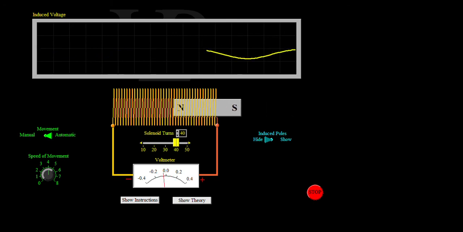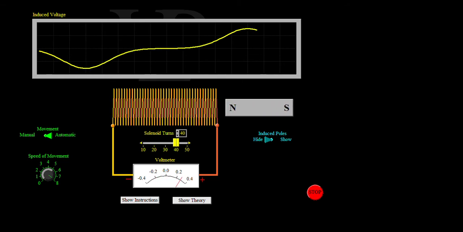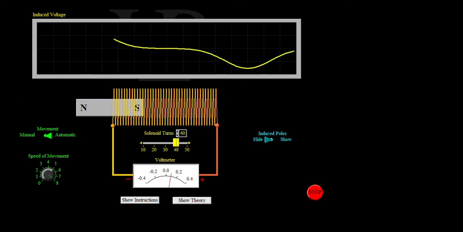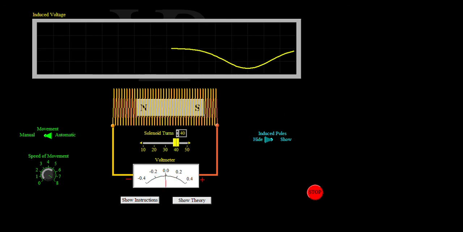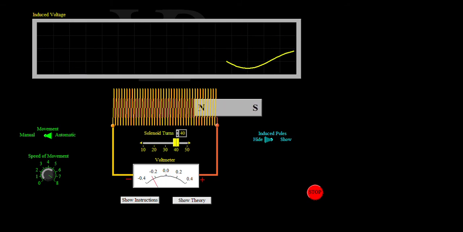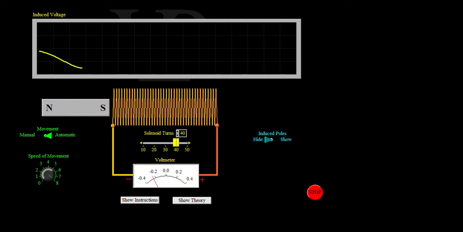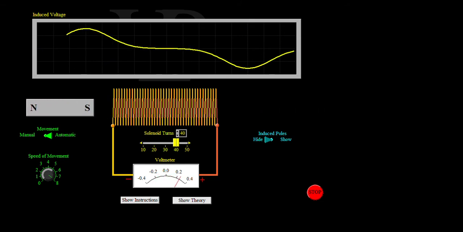If we go for 8, it's about 0.3 plus or minus. So the speed of motion of the magnet changes the rate of change of the field through the coil, how quickly the field is changing.